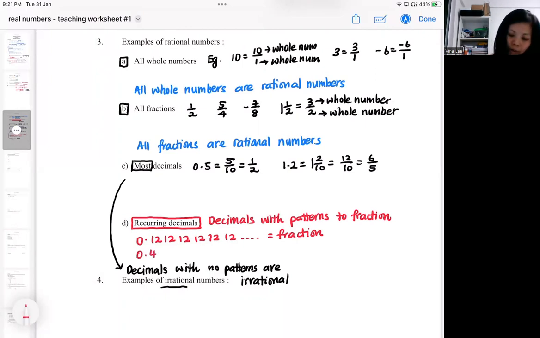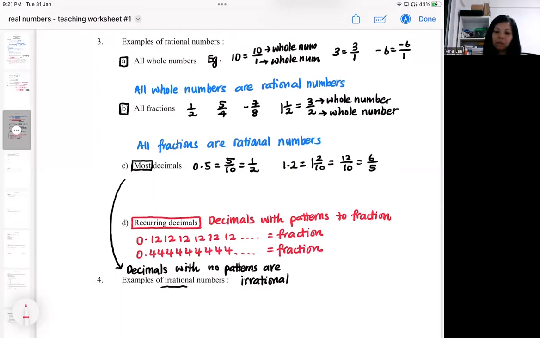I'll give more examples. All these are with pattern. The pattern is for the 4 to repeat, so it can be changed to fraction. As long as there are decimals that can be changed to fraction, we will classify them as rational.